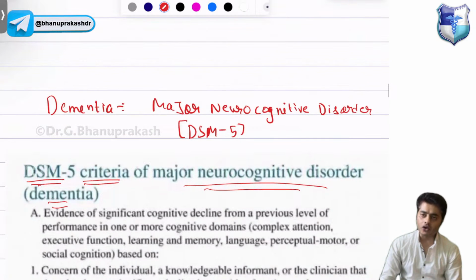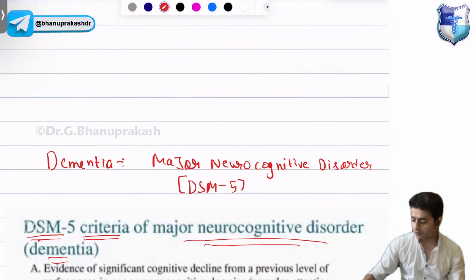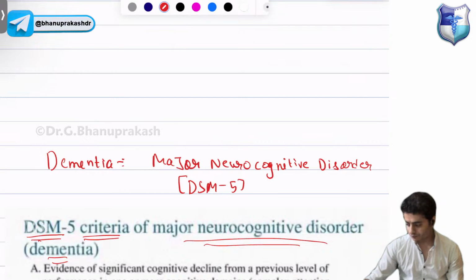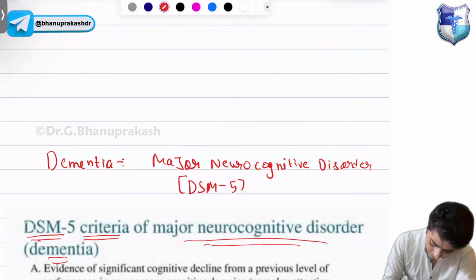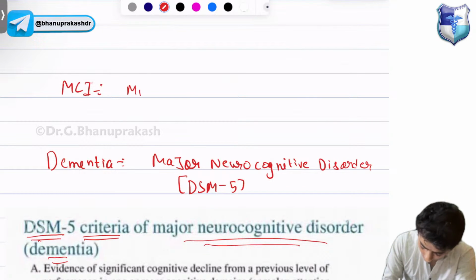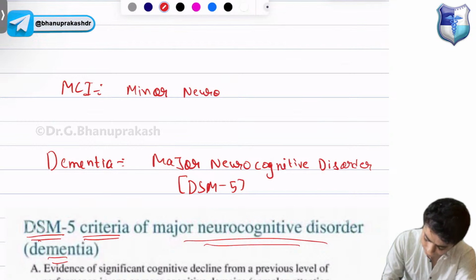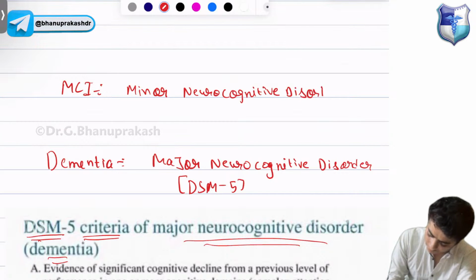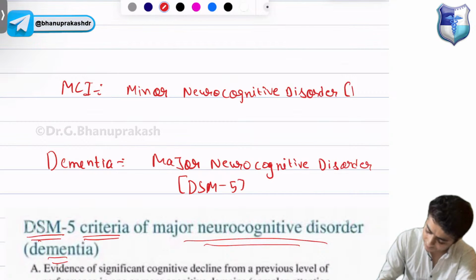If there are major neurocognitive disorders, there will be minor ones also. Earlier there was a term known as MCI. It is now known as minor neurocognitive disorder according to DSM-5.